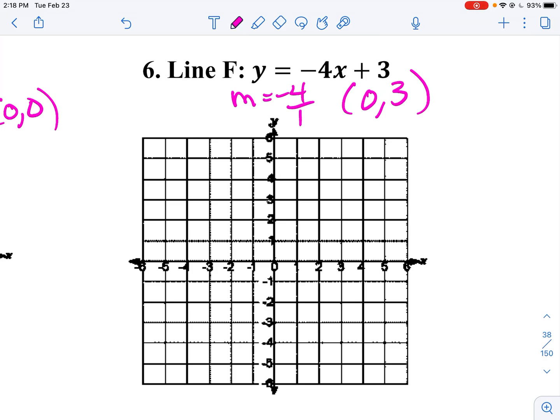Sorry about that. Okay, so 3. I'm going to go down 1, 2, 3, 4, and it's negative direction, so this direction over 1. I'm going to plot a point. So I go down 4, over 1, and I connect the points. There we go.